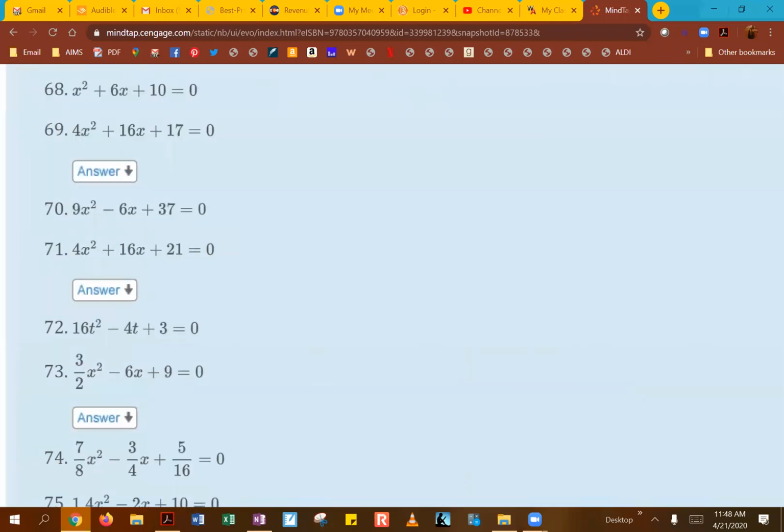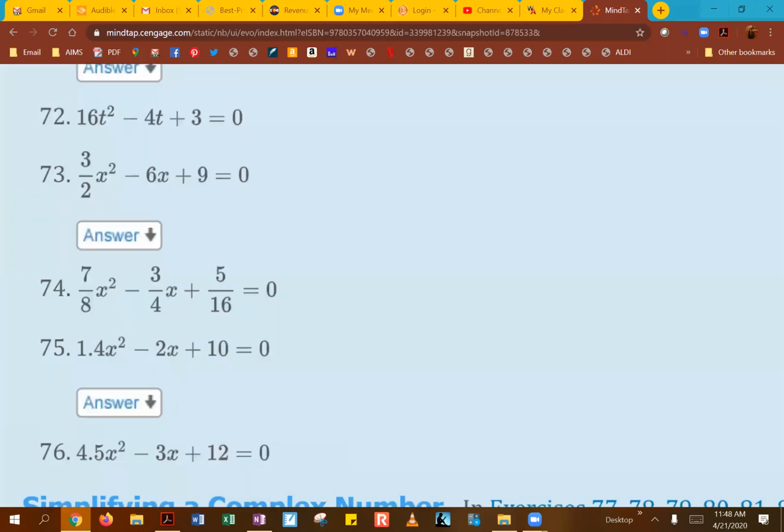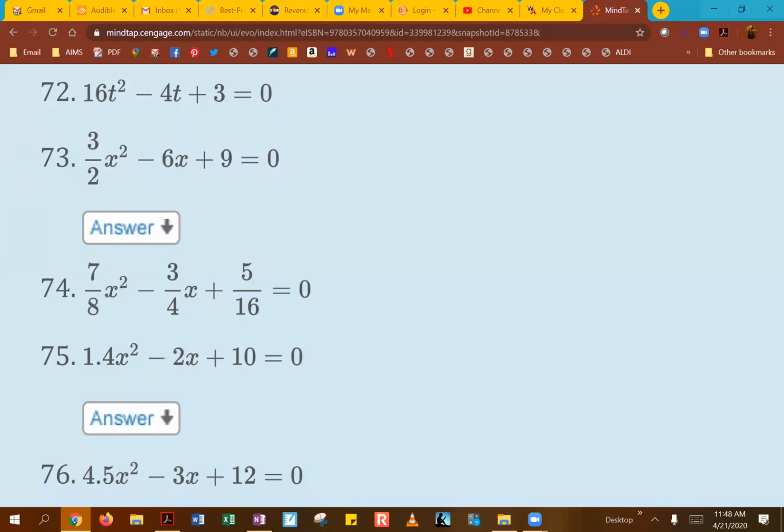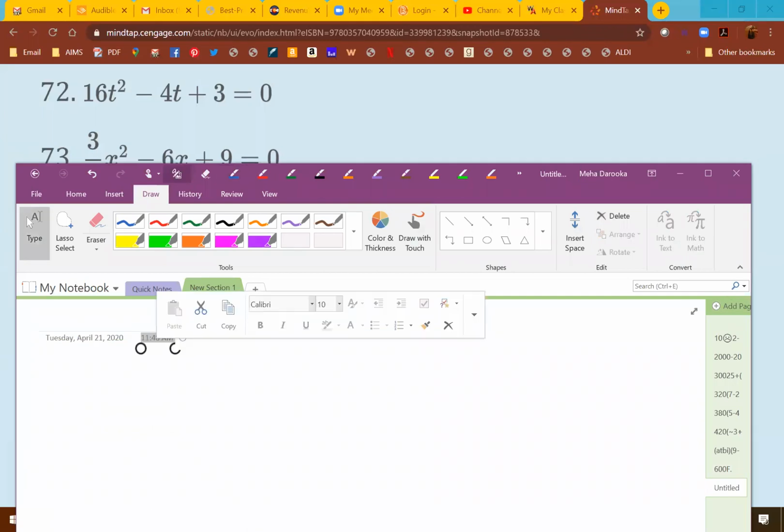So we are looking at number 72 over here. You guys remember the quadratic formula? Yeah.